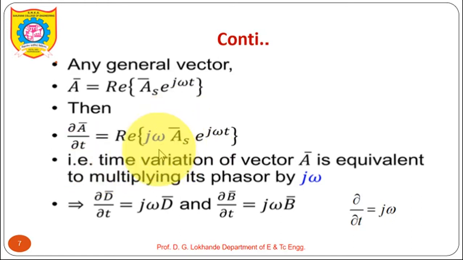Similarly, we can observe this for the electric flux density as well as the magnetic flux density, where this is the time variation vector component.